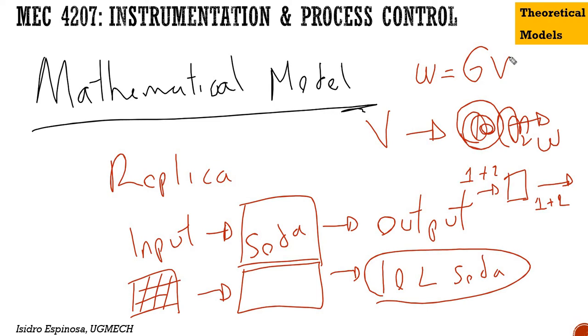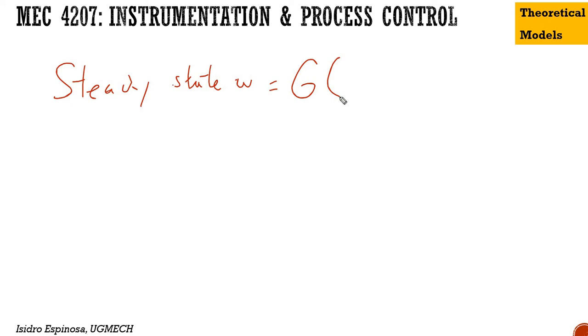To make this clear, we could rewrite the equation as: the steady state value of the rotation equals the gain multiplied by the steady state value of the voltage.